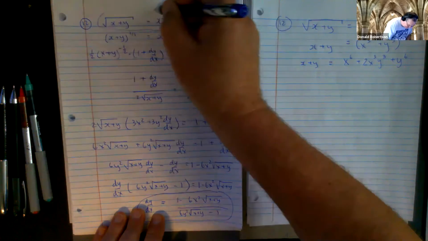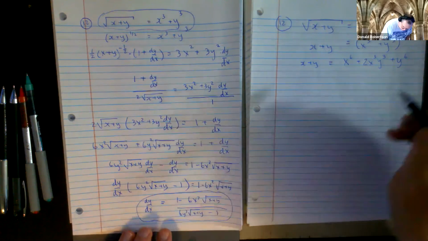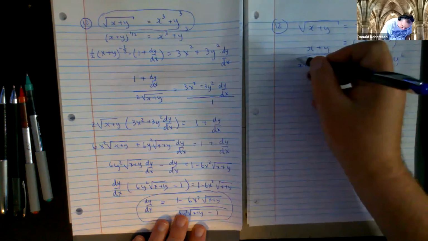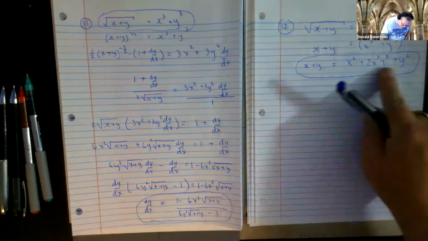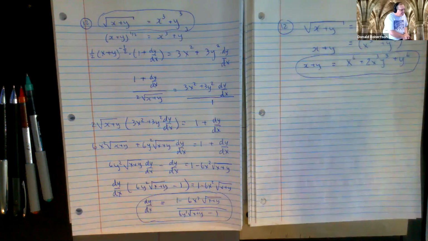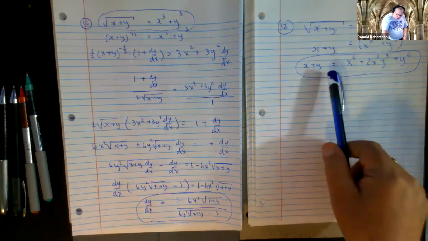I did this one, ugly and messy. Would you agree, although I'm not going to do it for time purposes, that that is going to be much easier to differentiate? And isn't it going to be much easier to make it look prettier at the end, because isn't there not a square root in sight here?